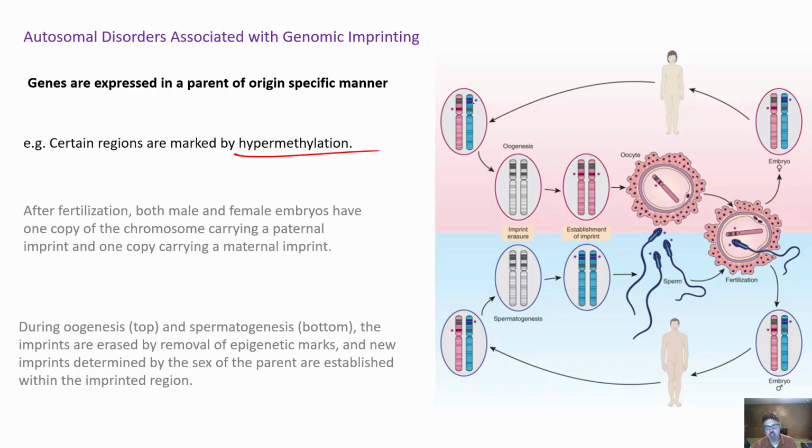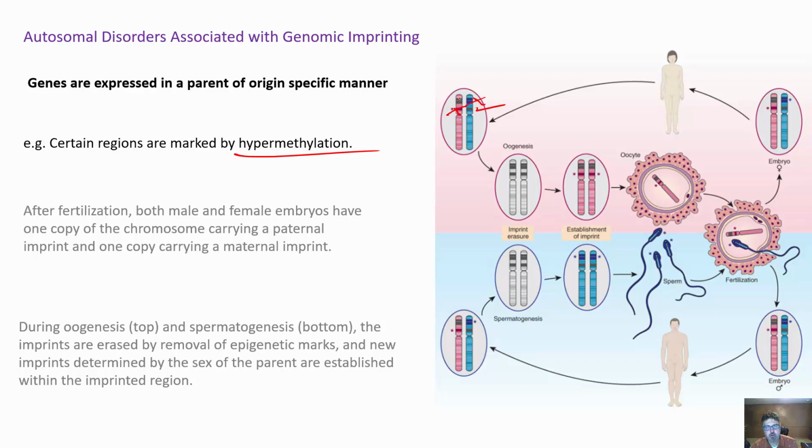We can see here, for example, the paternal chromosome that came from the male is marked at this location with hypermethylation, as is the maternal chromosome. And so when they come together, these areas that are hypermethylated won't actually be expressed, because if it's methylated here, that's going to turn that gene off, and then the maternal chromosome will actually cover for that. Likewise, if the maternal area over here is hypermethylated, this chromosome will be turned off, that'll be shut down, and so this one will need to be expressed.